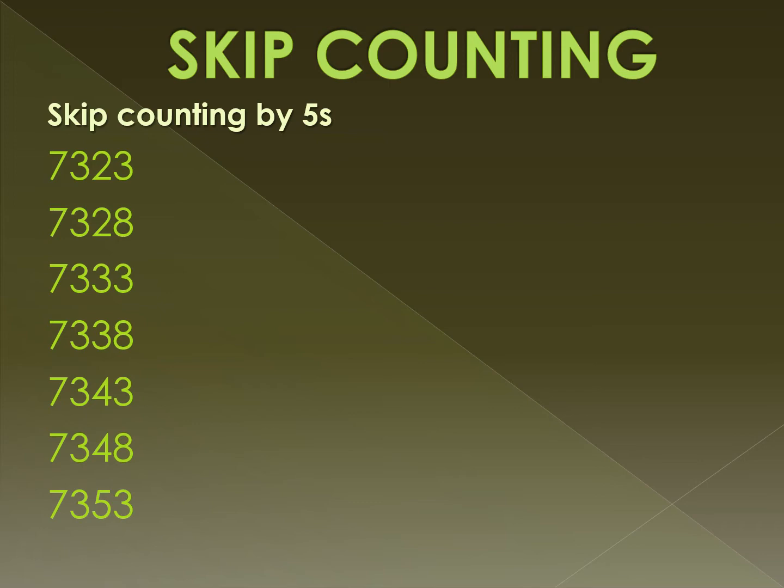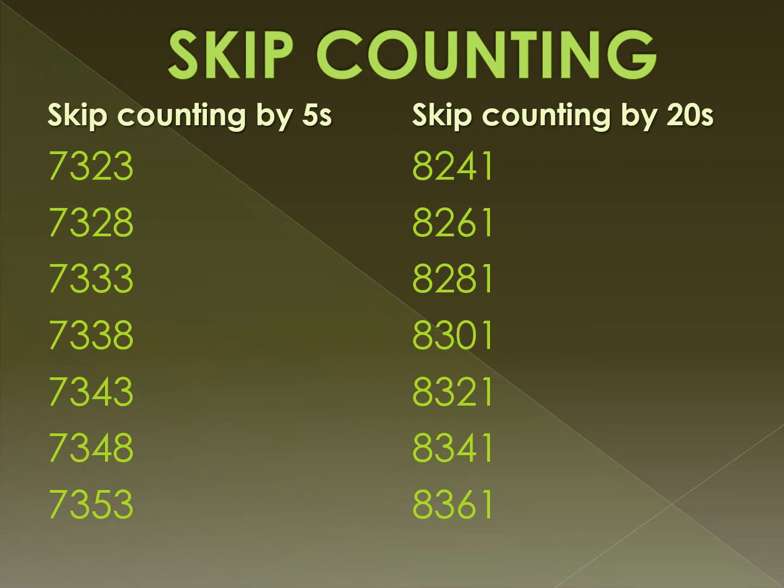Now let's look at how we can do skip counting by 20s. When we skip count by 20s, we add 20 each time to the given number. Our first number is 8,241. We add 20 to this number and it becomes 8,261.